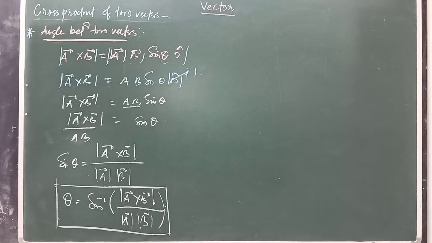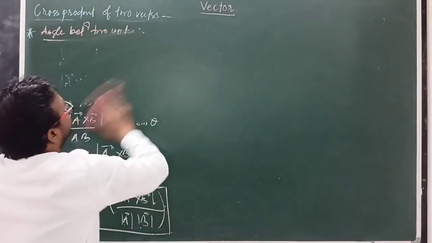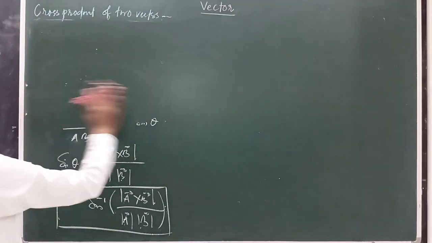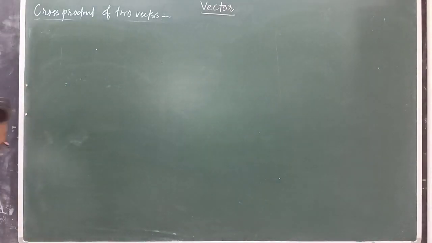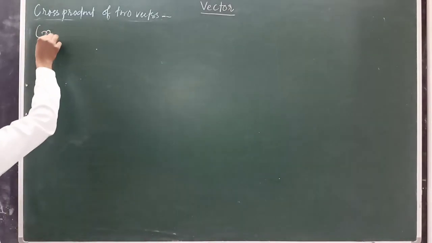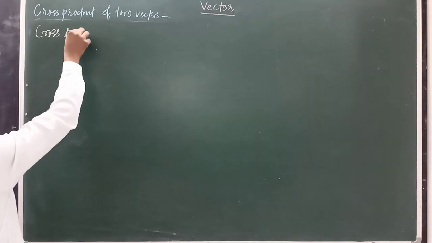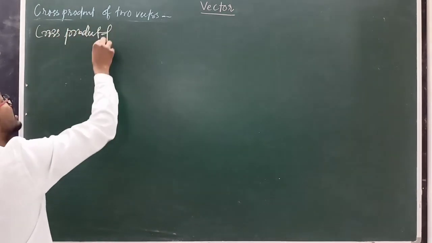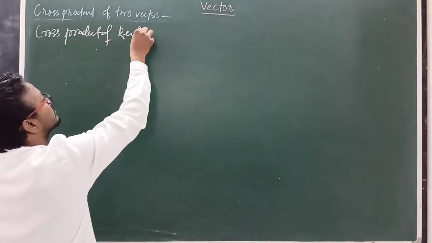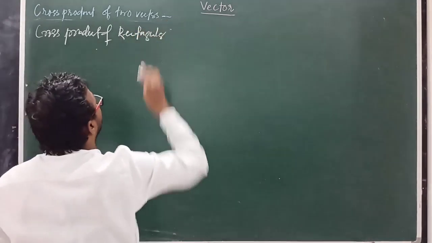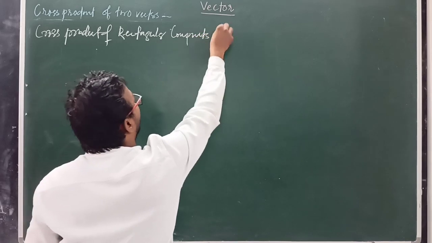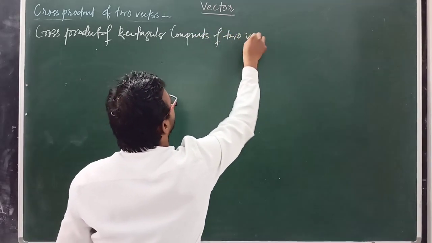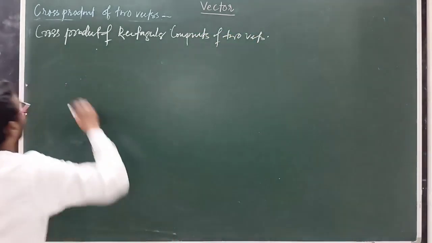Next we will start the cross product of rectangular components of two vectors.